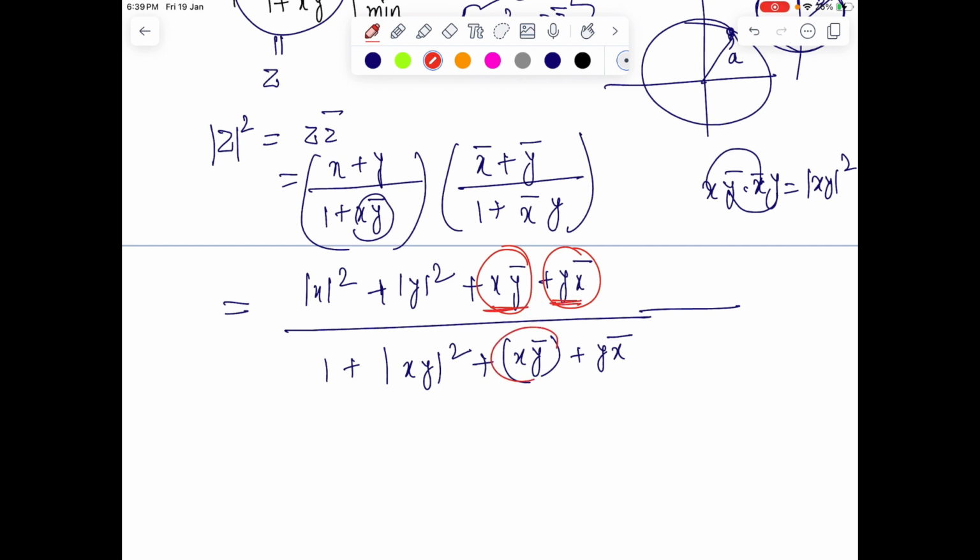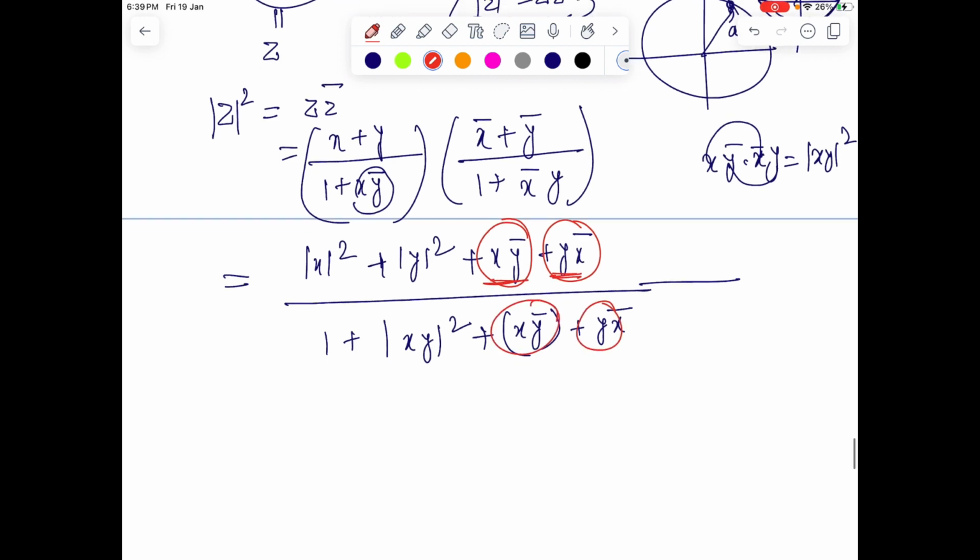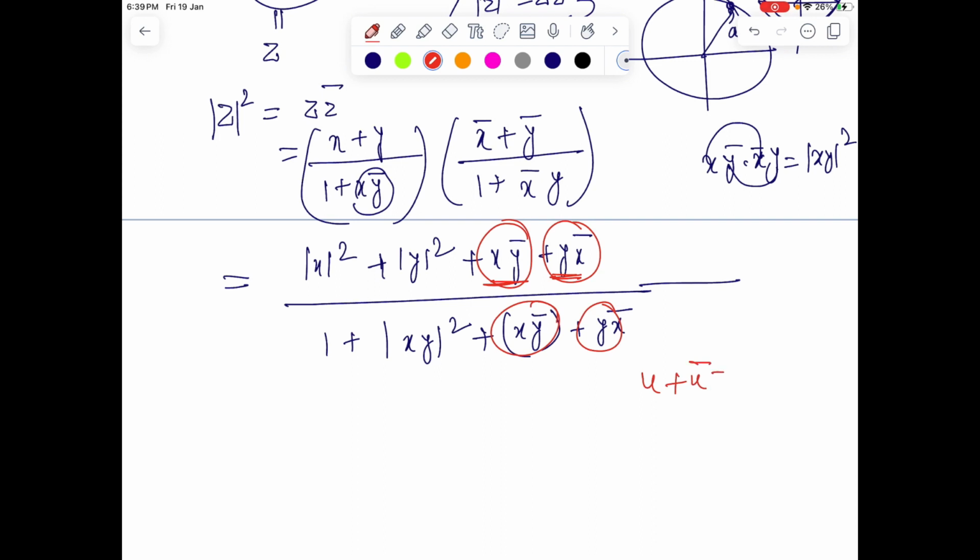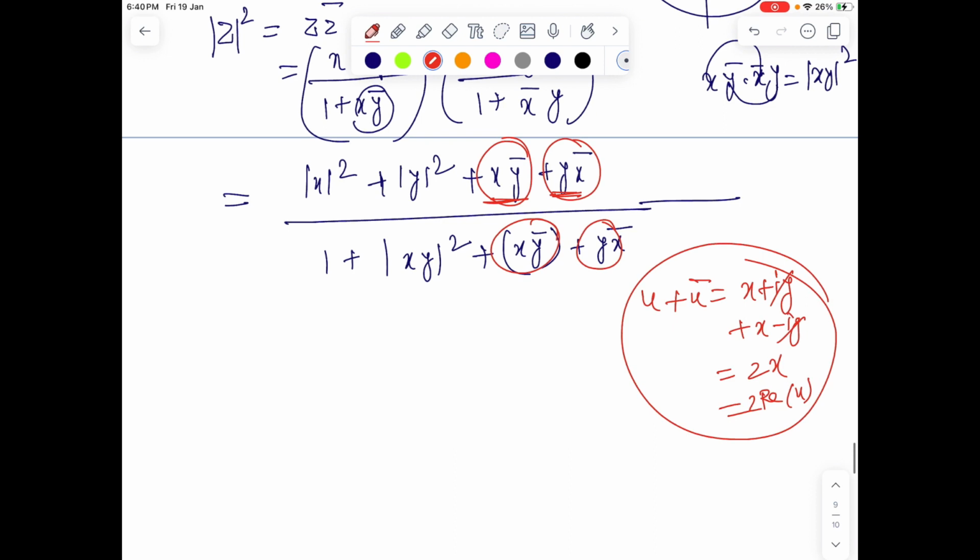And now we know, is there something special about this? Yes. If this is u, there is u bar. So it's better we see what u plus u bar is. Clearly it is x plus iy plus x minus iy, which is 2x, which can be written as 2 times real part of u. So using this, I can write this expression as 2 times real part of x y bar or y x bar, it's the same thing.